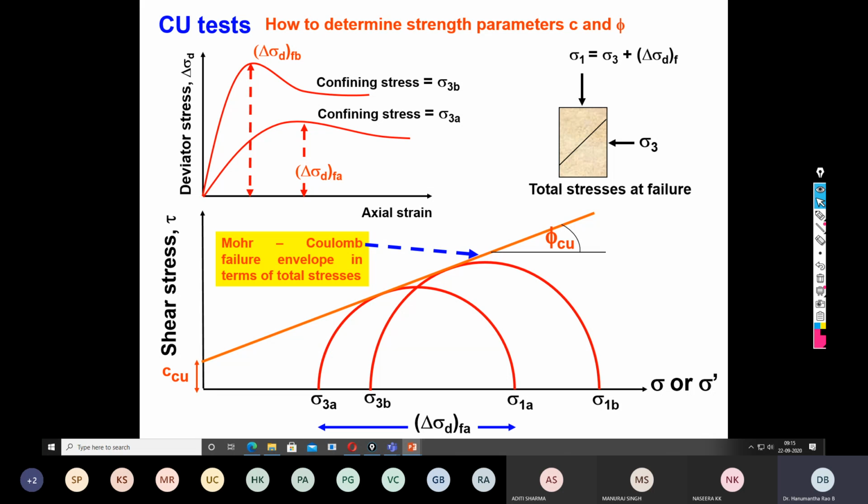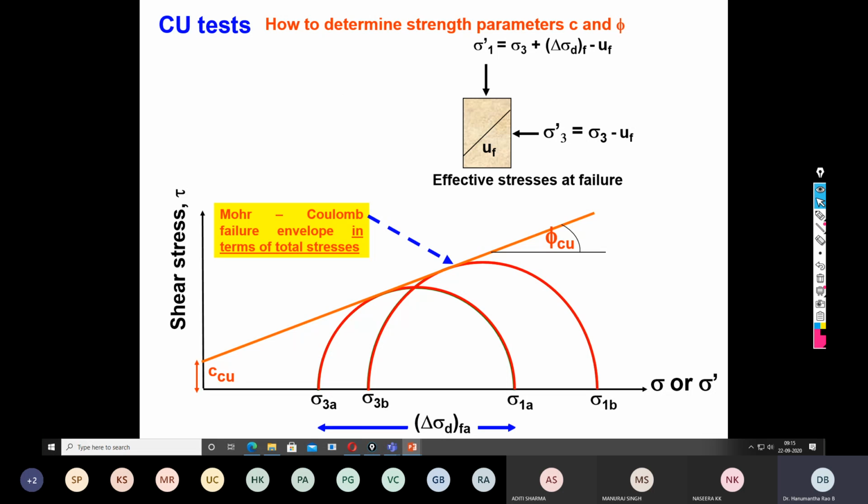As I told you in the previous class, when you conduct any CU test, you get two sets of shear strength parameters, one corresponding to total stress and another corresponding to effective stress. Here C_u and phi_u, the U indicates that these are the undrained parameters, meaning they were measured without allowing the pore pressure to dissipate from the soil sample. That is the meaning of total stress.